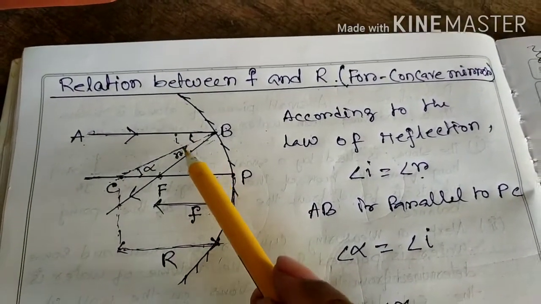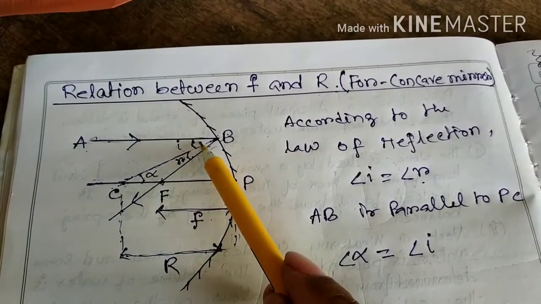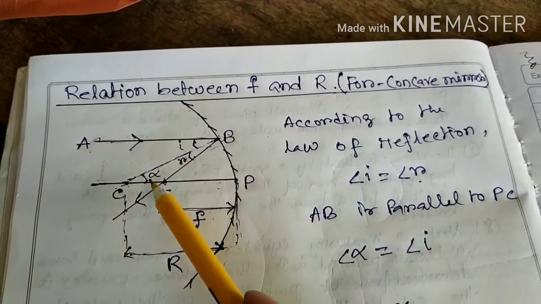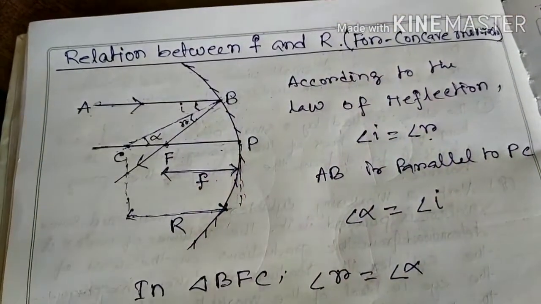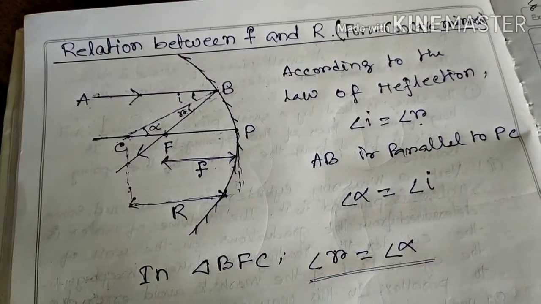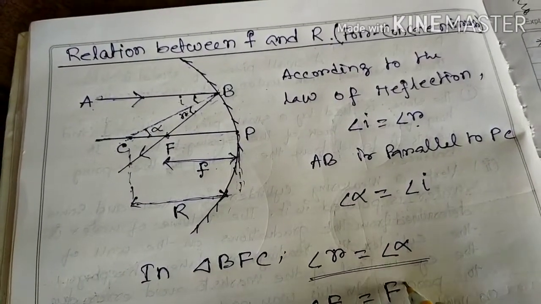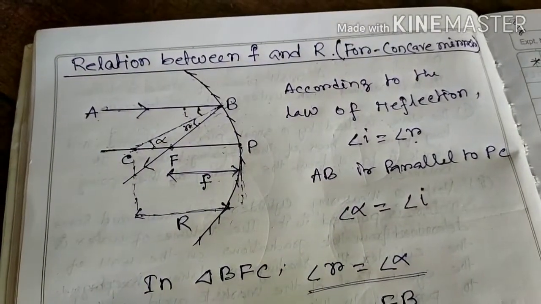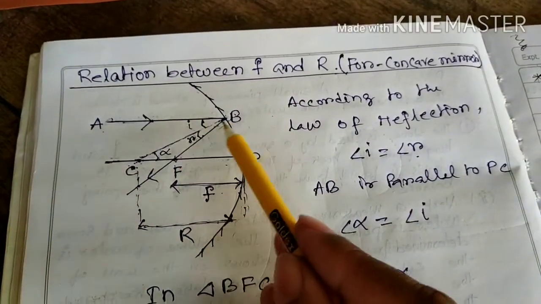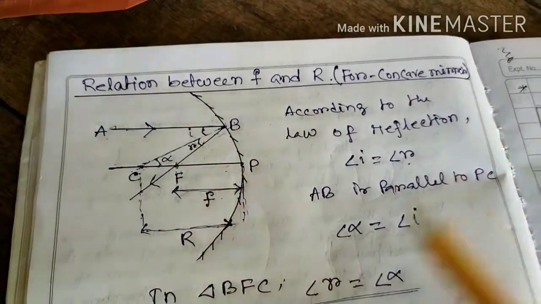Because we know angle I equals angle R, and angle alpha equals angle I, because these two are alternate angles. So obviously angle alpha equals angle R. Hence CF equals FB, because two equal angles have equal opposite sides.